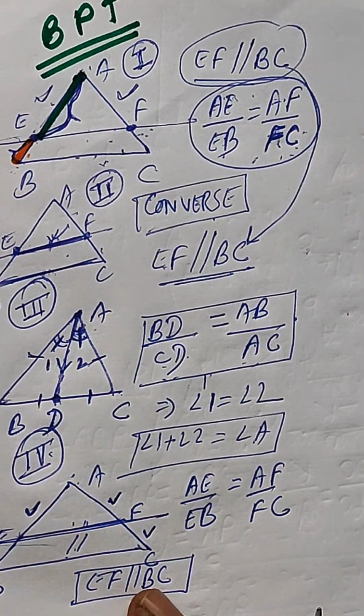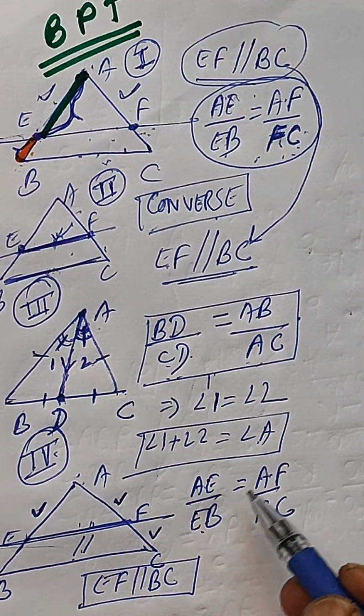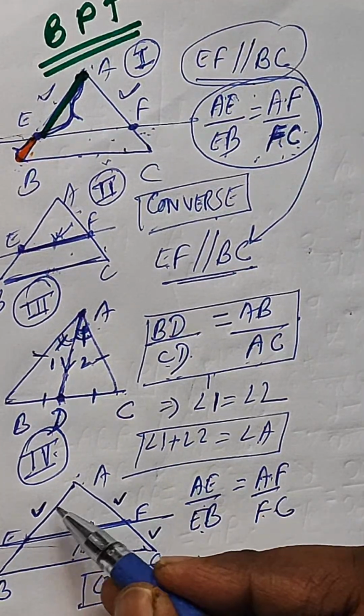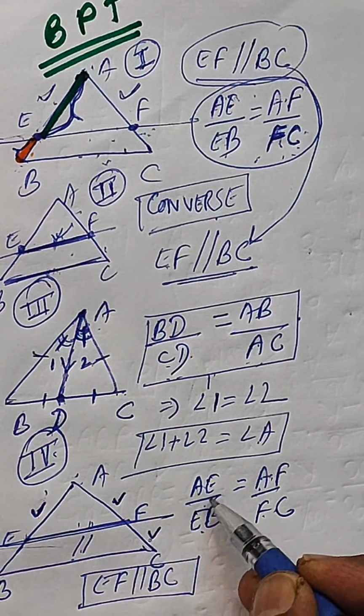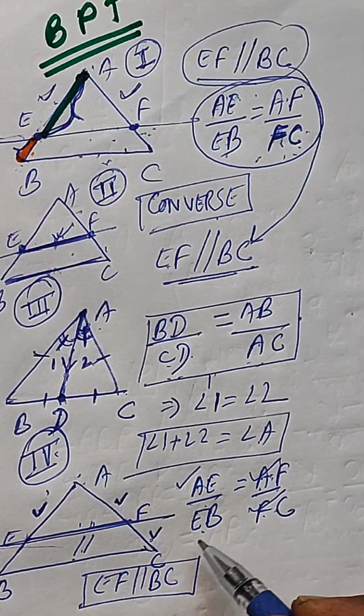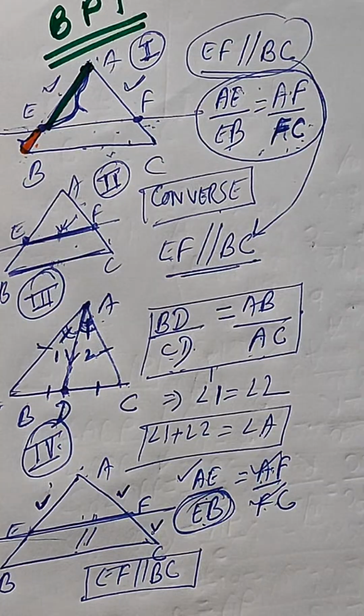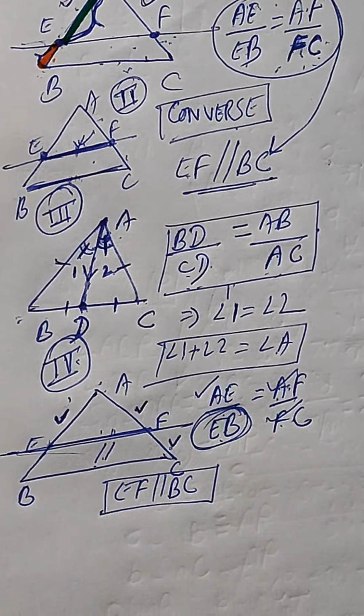And in this case, the ratio can be taken as equal. If three values are given to you, maybe AE, AF and FC, and one value is not known to you, then these questions can be solved very easily using the Thales theorem.